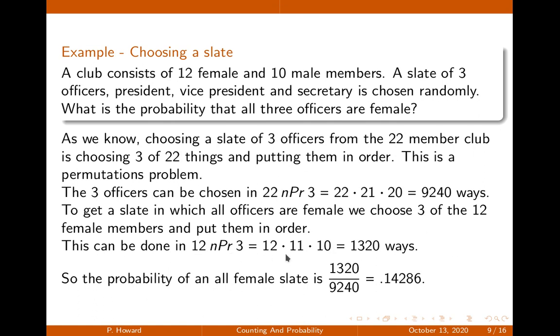Not too hard to calculate it by hand. 12 times 11 times 10. 1,320 ways of getting a slate consisting of all female officers. So the probability of a slate like that is 1,320 divided by 9,240, or 0.14286.